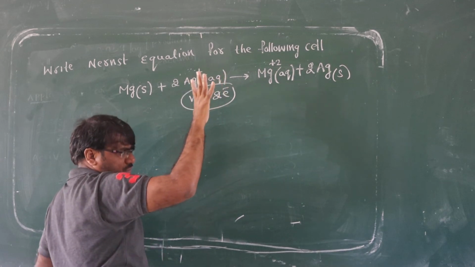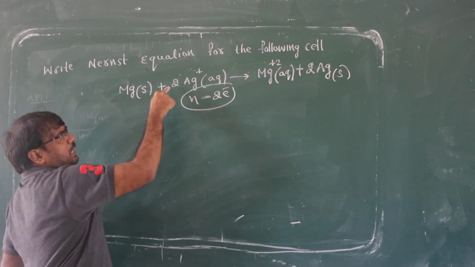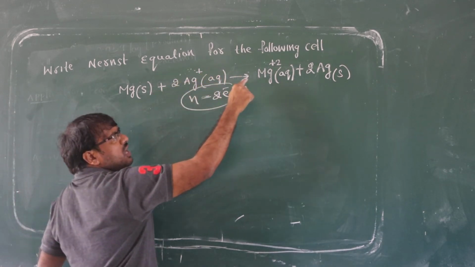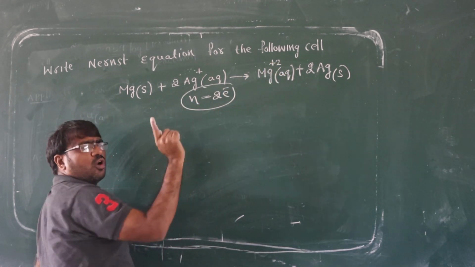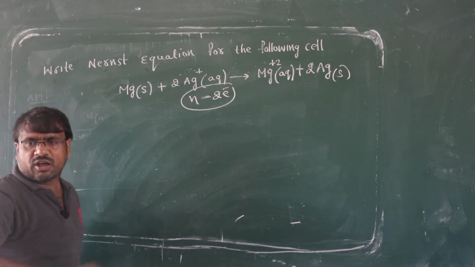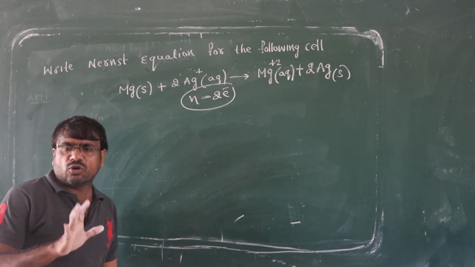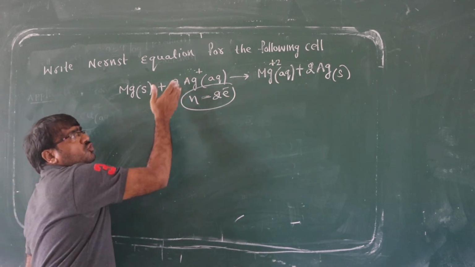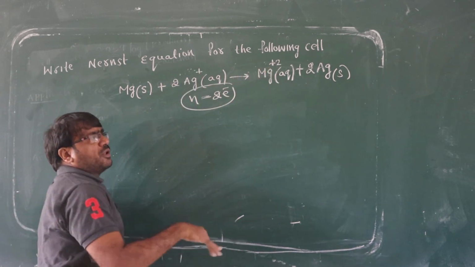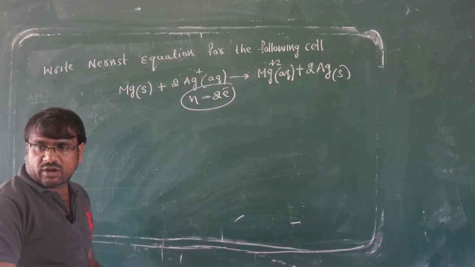This side plus 2 charge is there; this side how much charge is there? Plus 2. That's why n is equal to 2 electrons. Understood? This side charge plus 2, this side also charge plus 2, that's why n is equal to 2 electrons, simply.